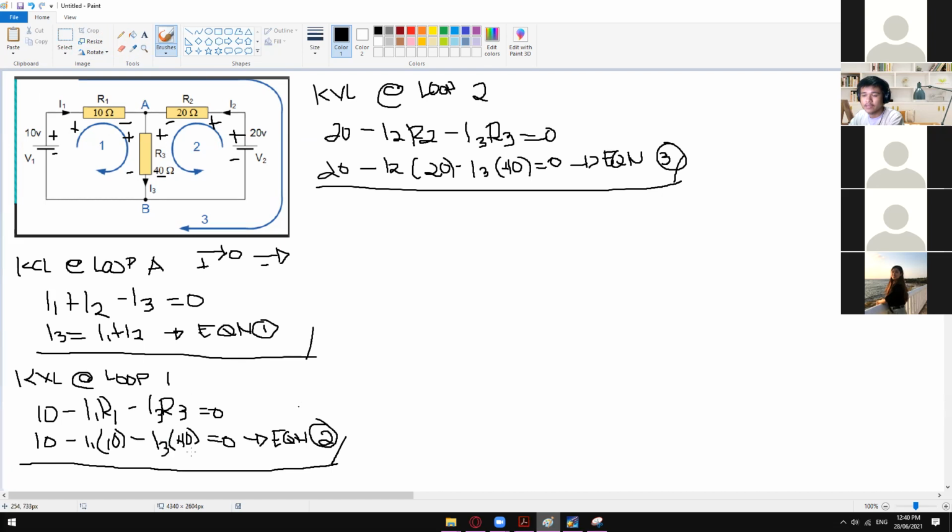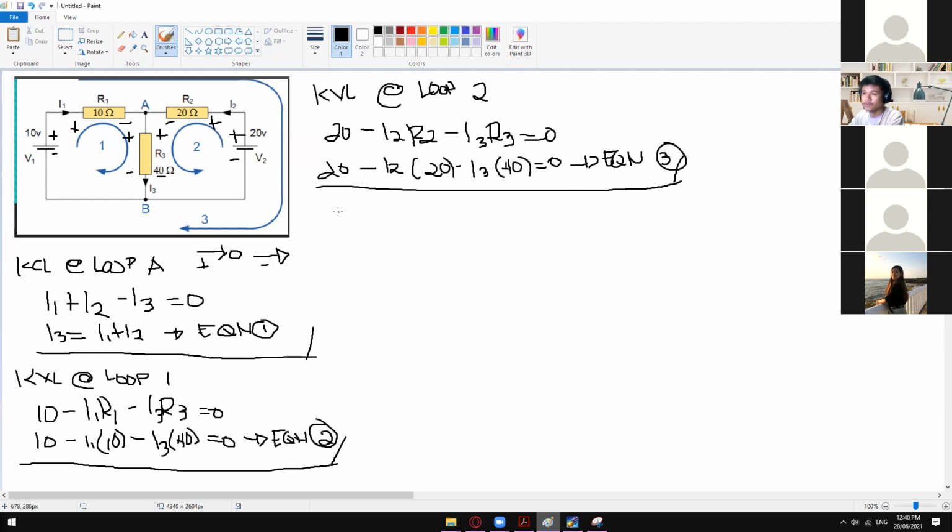So in equation number 2, we have 2 missing unknowns, the I1 and the I3. And for equation number 3, we have 2 unknowns also, the I2 and the I3. So just by getting those 2 equations, we have a total of 3 unknown variables. But we can eliminate 1 by substituting the value of I3 into equation number 2 or equation number 3.